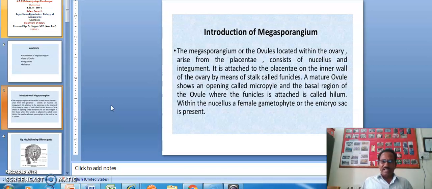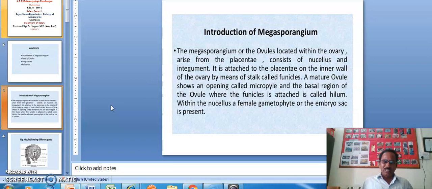It is attached to the placenta on the inner wall of the ovary by means of a stalk called funicle. A mature ovule shows an opening called a micropyle, and the basal region of the ovule where the funicle is attached is called a hilum.